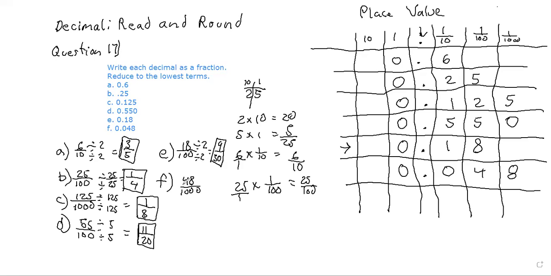And finally, for F, the largest number is going to be 8. Divide the top by 8, divide the bottom by 8, and we're going to get 6 over 125.